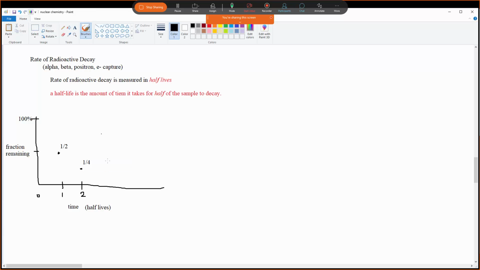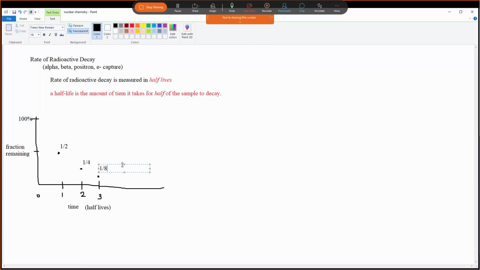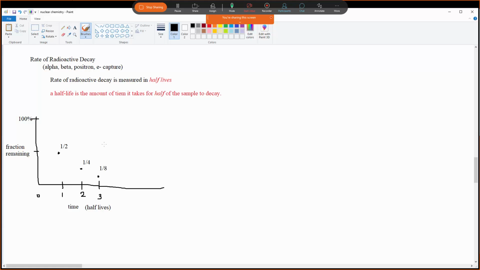And after 3 half-lives, how much is going to remain? Half again as much, right? So that's going to be half of 1/4 is 1/8. And then at 4 half-lives, how much is going to remain?